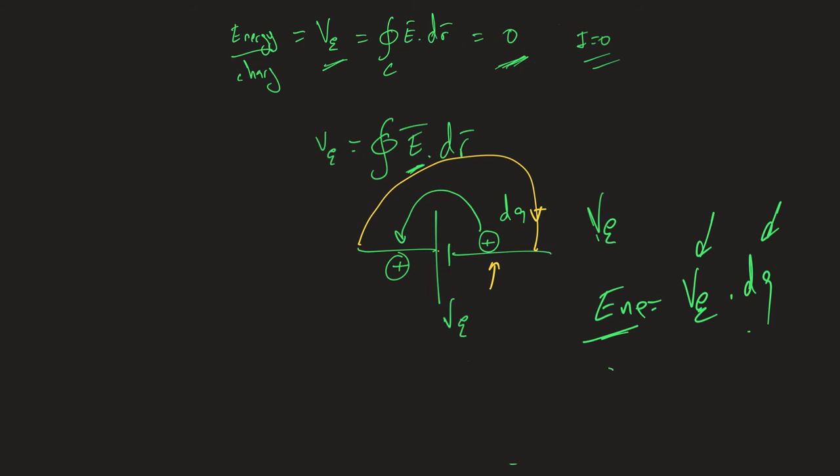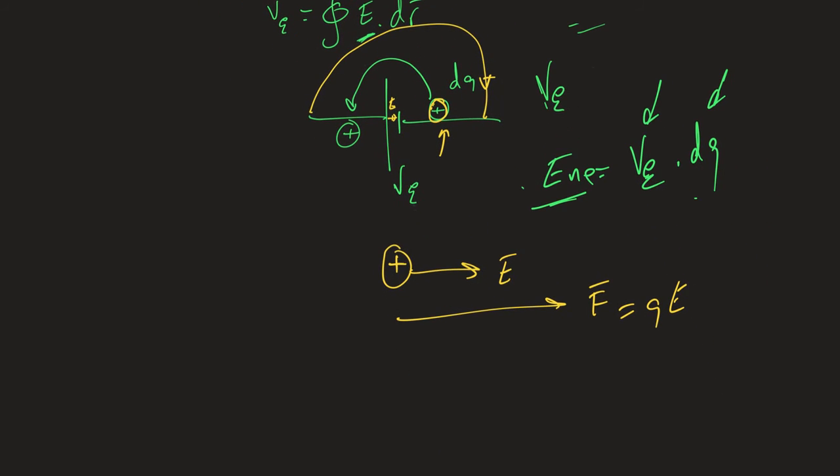Here is the electrical field E. You see, this charge will have to climb. This electrical field is going in the contrary direction to where it should go, because for a positive charge, if the electrical field is like this, the force will go like this, q by E. So there is a chemical reaction that makes a force that will be exactly equal to this force, q by E, and this is a non-conservative force.